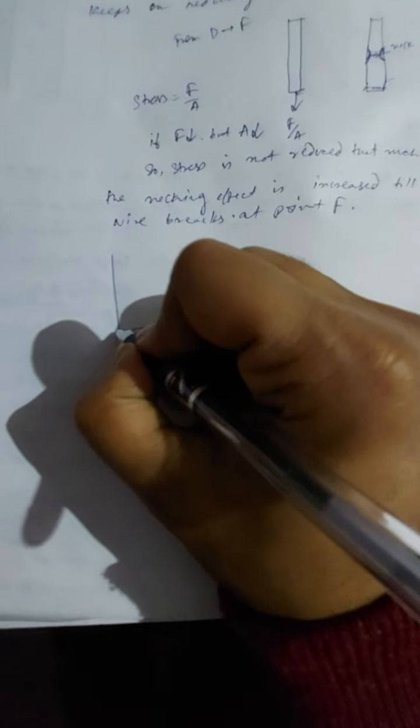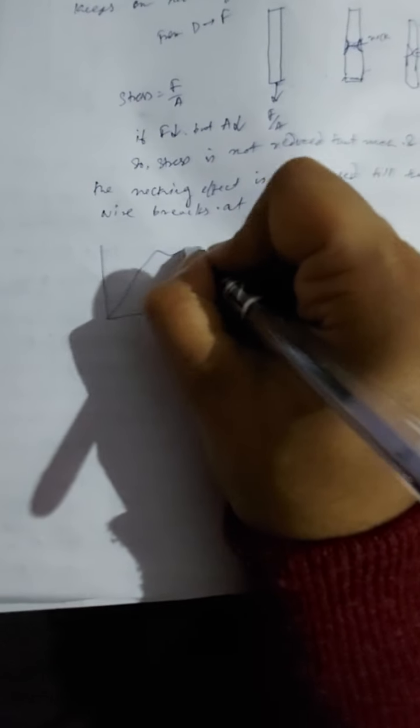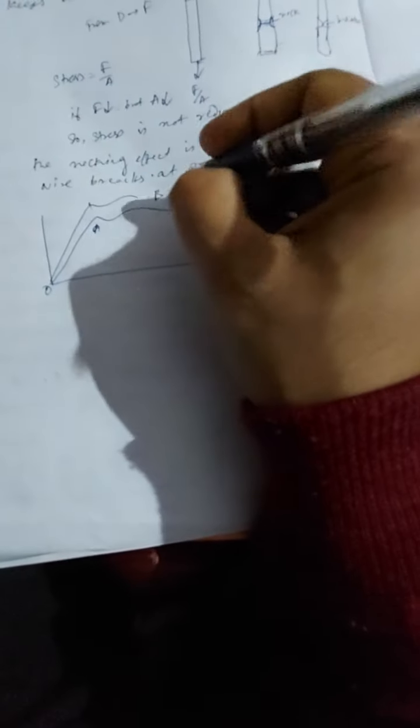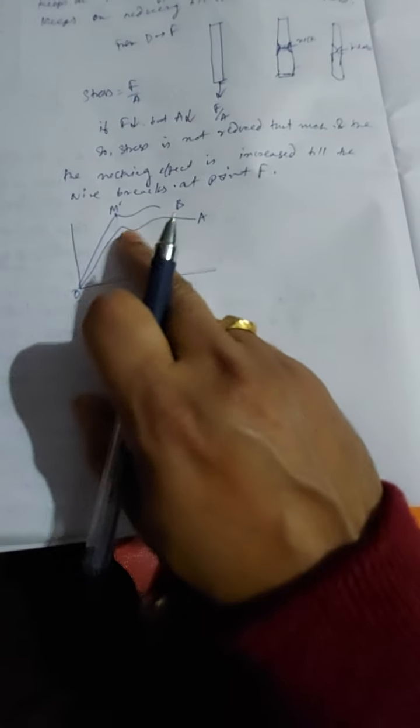Suppose we are given two graphs, A and B. For region OA, we can take these two regions, OM and OM dash.